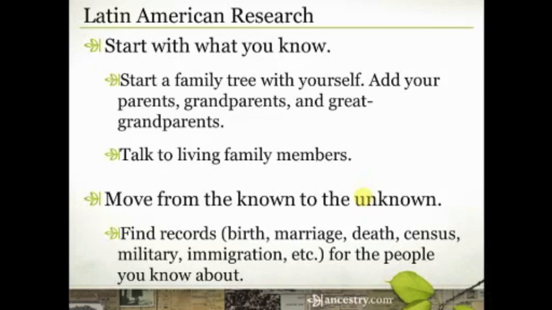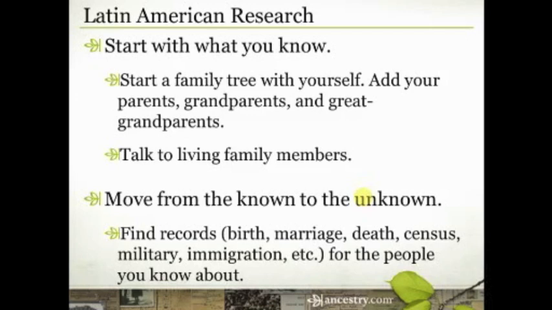Maybe ask Grandma, does she have a copy of her parents' death certificates? Does she have a copy of her parents' marriage certificate? The reason that is important is because oftentimes those records will contain additional information. So for example, a death certificate very often will list a birth date and place, parents' names, and sometimes even the parents' birthplace.